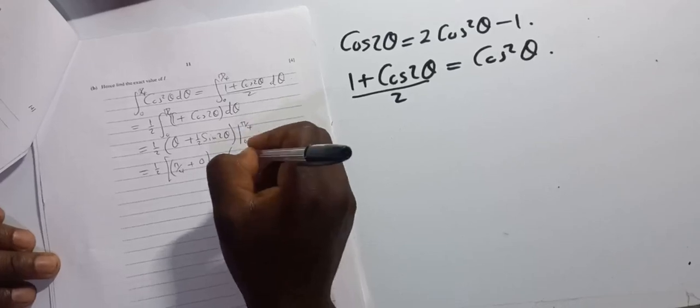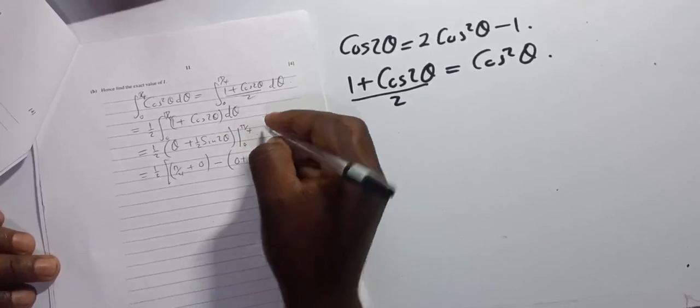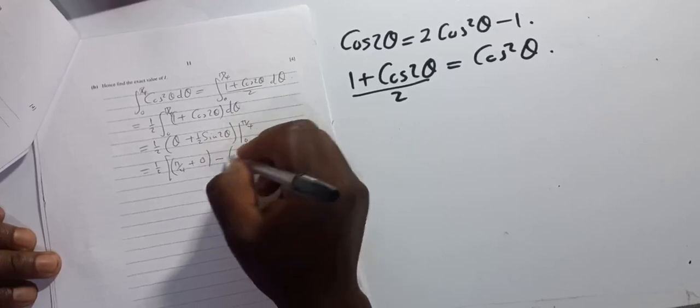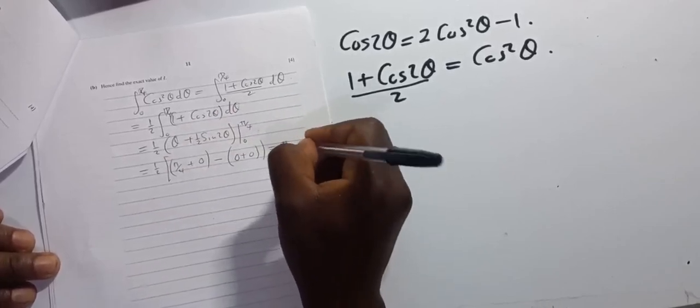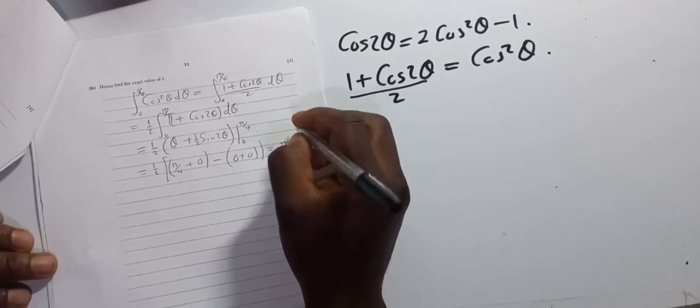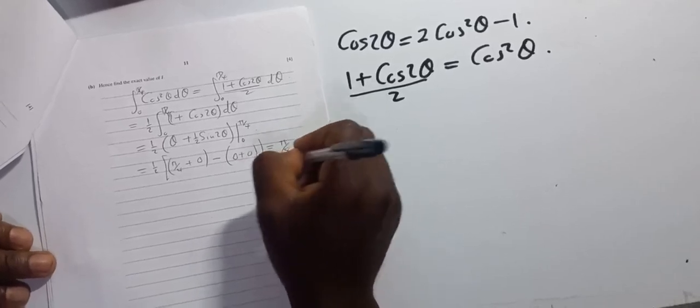If we put 0 there, we have 0 plus sine 0, which is 0 again. So inside the bracket we only remain with pi over 4, times half, so we have pi over 8. And pi over 8 will be our answer in this case.